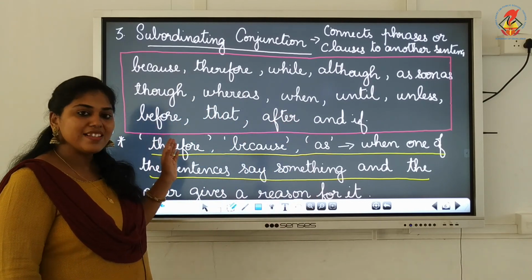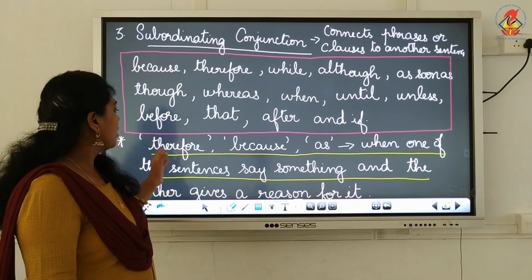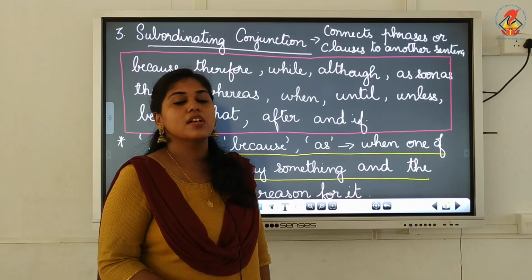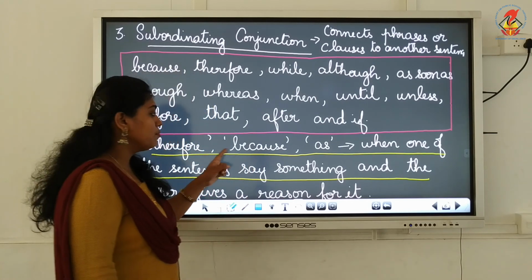Okay, now let's look specifically at when we use because, as and so on. We use these conjunctions, which are therefore, because, as, when one of the sentences says something and the other gives a reason for it. If we want to give a reason for the statement that is given by us, then we use conjunctions like therefore, because, as.